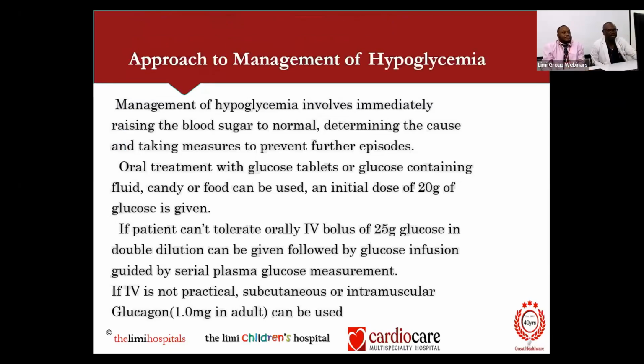First of all, another thing I want to advise is, if you have a patient you are managing for hyperglycemia, for instance in the ward or your clinic, and it happened that there was an overzealous insulin approach giving you hypoglycemia, please, if the patient is conscious, it's very simple. Allow the patient to take sugary content, maybe a bottle of Sprite, a bottle of Coke.